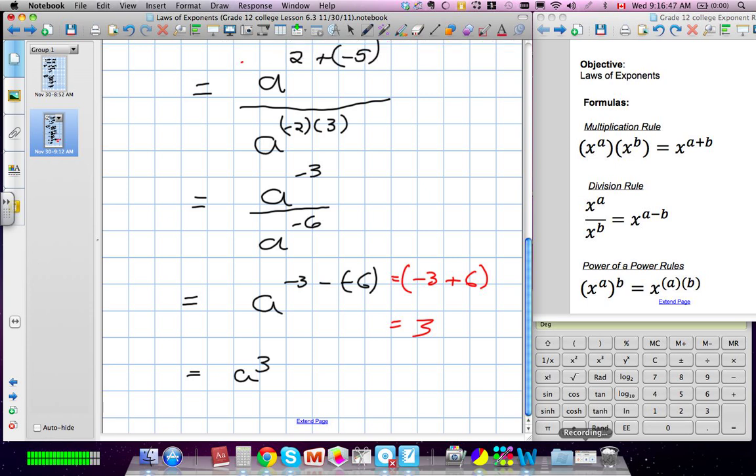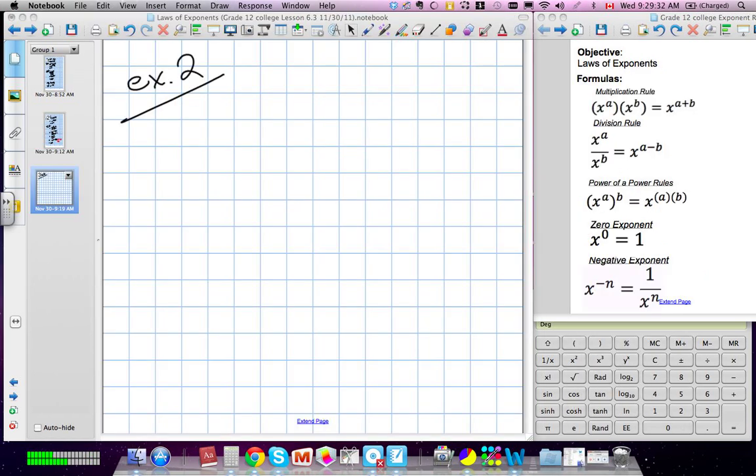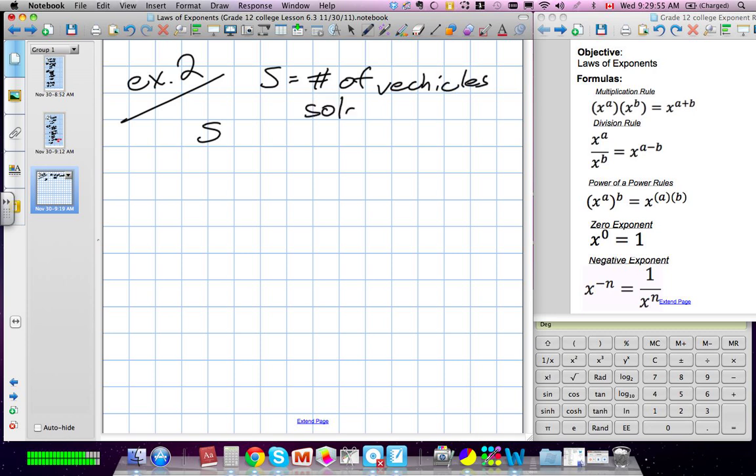Okay, example 2 says the number of hybrid vehicles sold in the US, which is the variable S. So S equals number of vehicles sold in USA can be modeled by this equation.